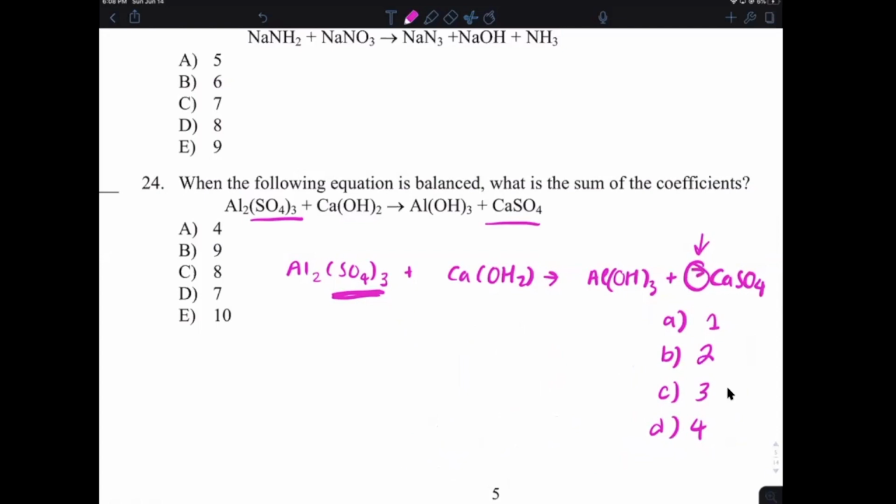Yay, 3. So 3 goes in there. And then we know that we have the right amount of SO4 ions on both sides.